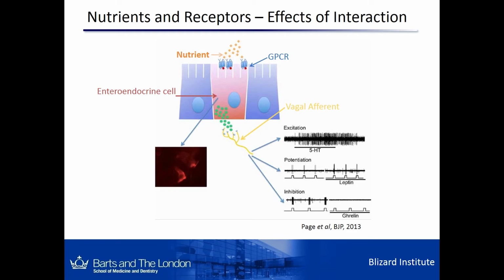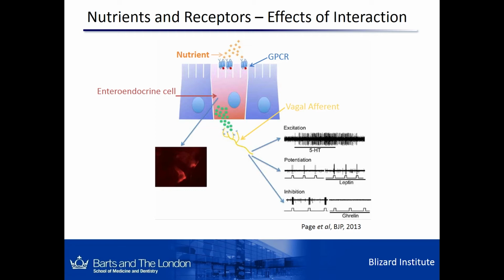Following this, the switching on of the cell, the secretory granules that contain hormones release their contents, and this release allows them to bind to their respective receptors on vagal afferent endings, for example, resulting in excitation, potentiation, inhibition, to name a few. But they also, of course, enter the bloodstream, so I haven't shown that here.